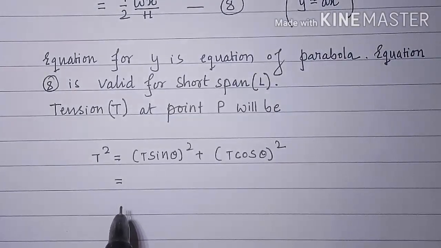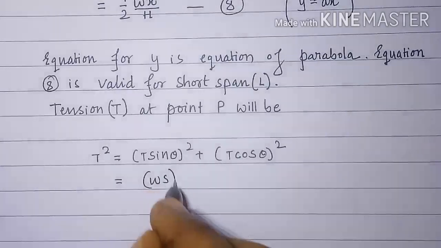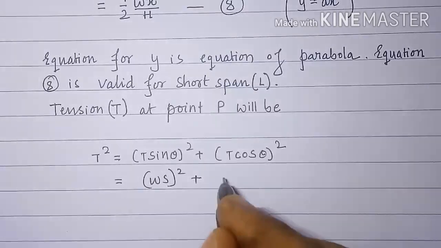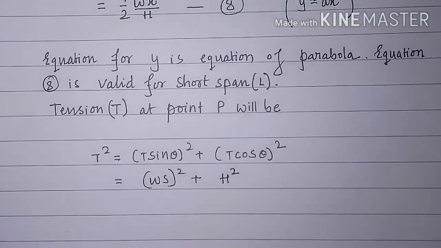And T sin theta square is W s square and T cos theta square is H square.